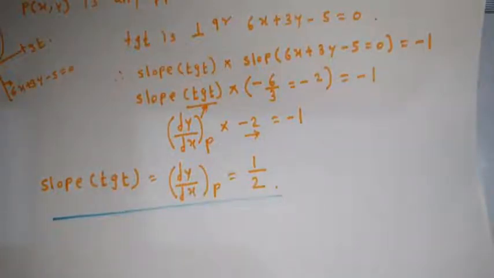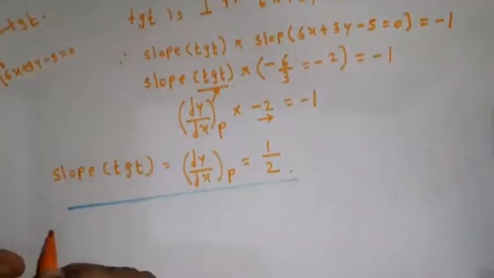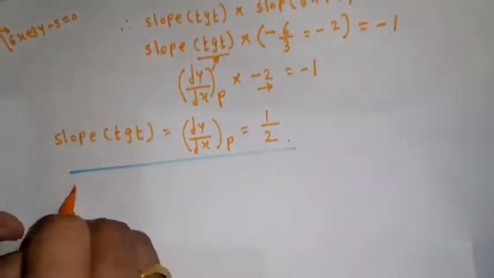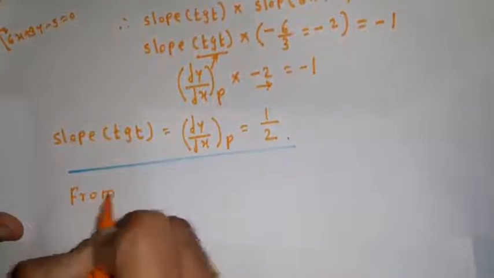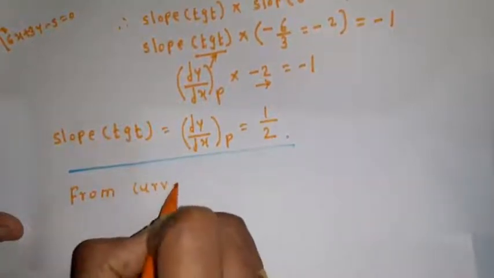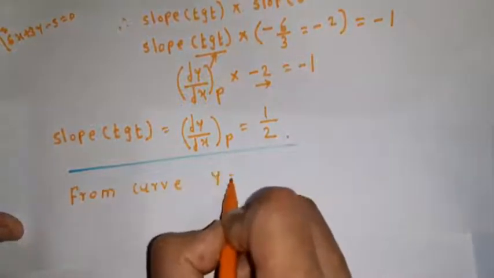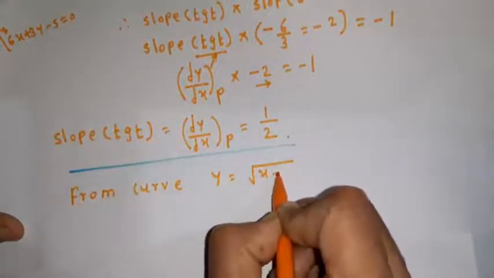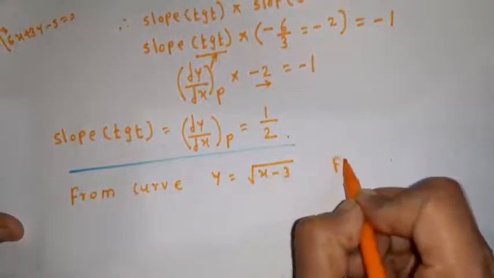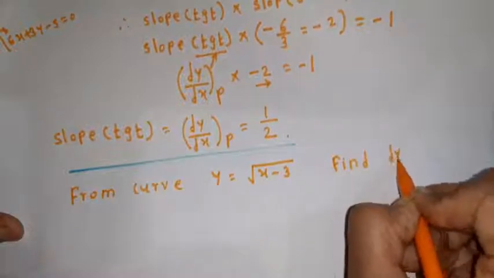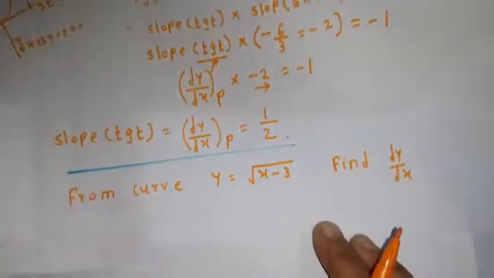Okay students, now from the curve y equal to square root of x minus 3, find dy by dx. Why?